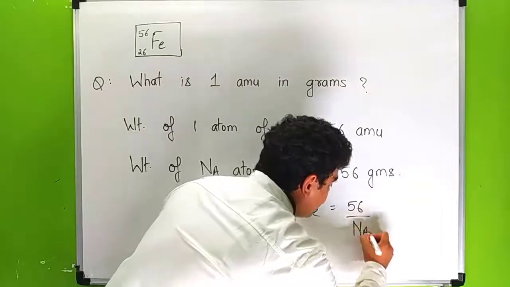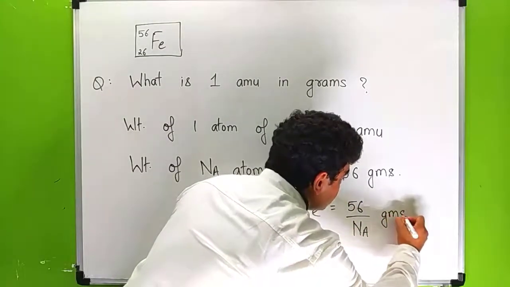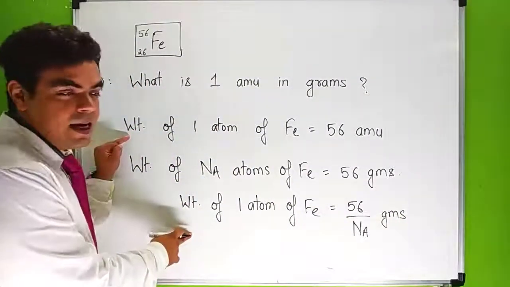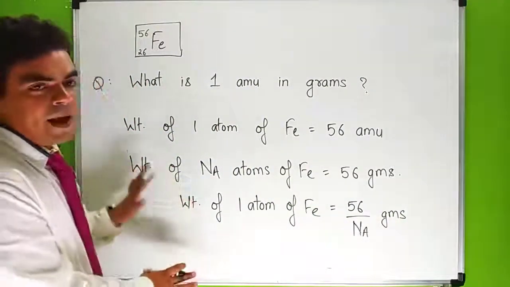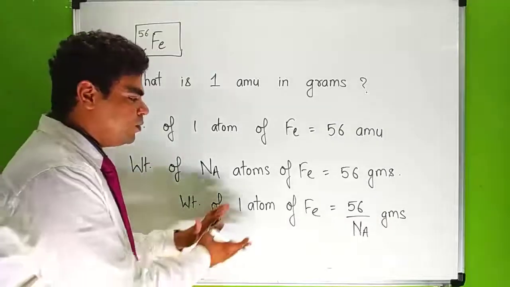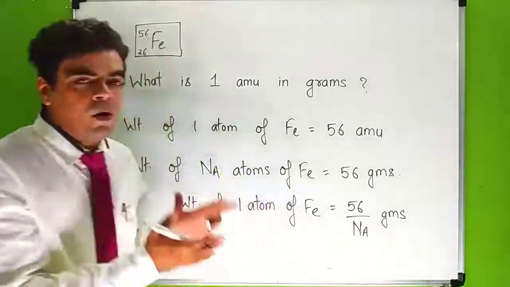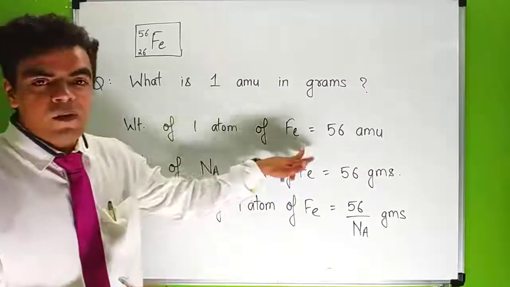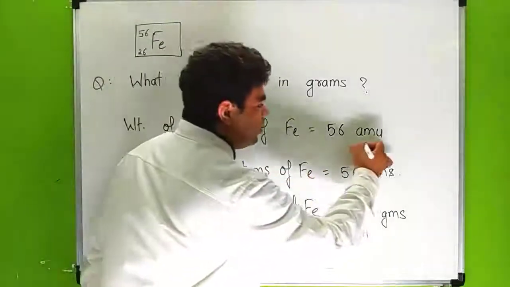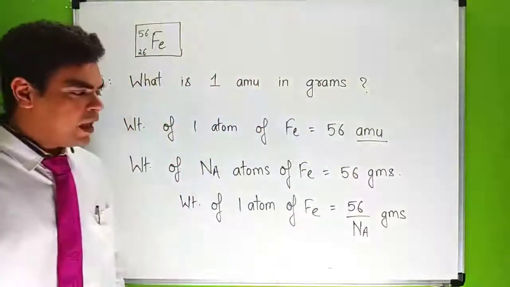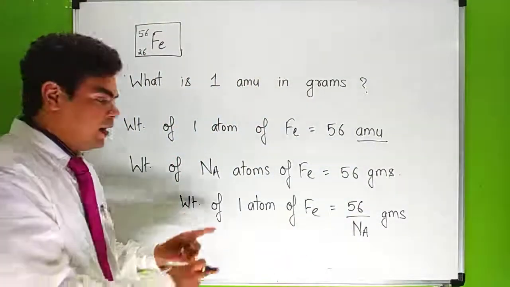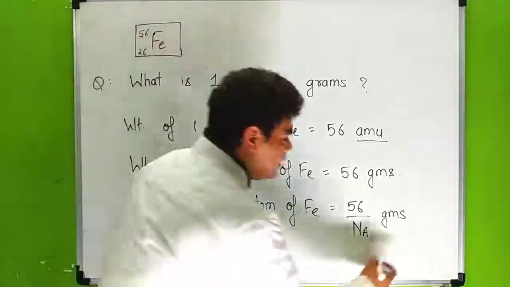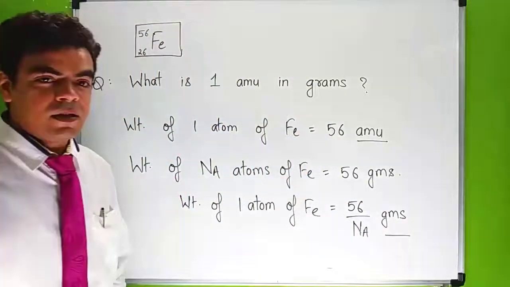56 upon Na grams. Now this statement and this statement, both of them are giving you the weight of one atom of iron. The first statement is giving you the weight of one atom of iron in the unit of AMU, and the second statement is giving you the weight of one atom of iron in the units of grams.